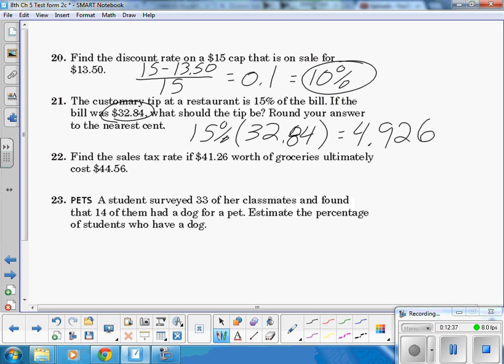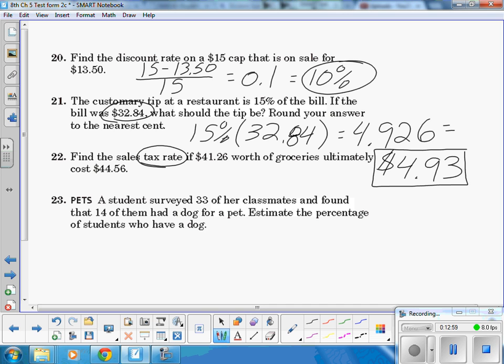The answer to our question will be $4.93. When we round, we have to round to the nearest penny, so it'll be $4.93.